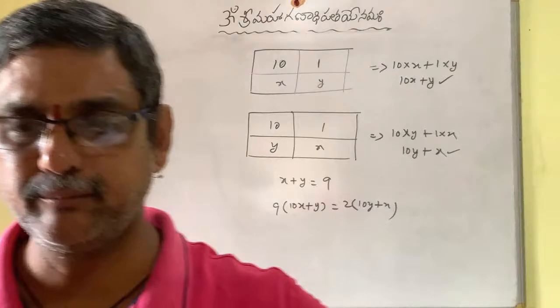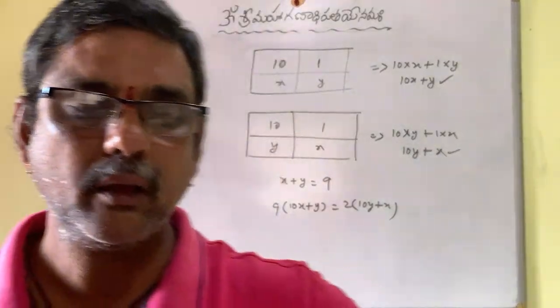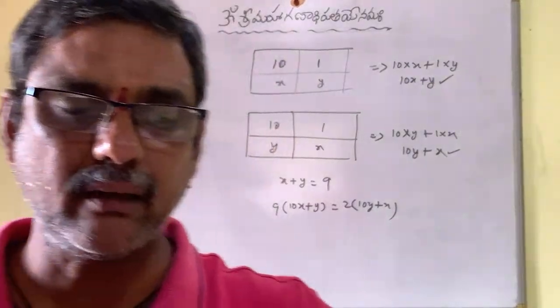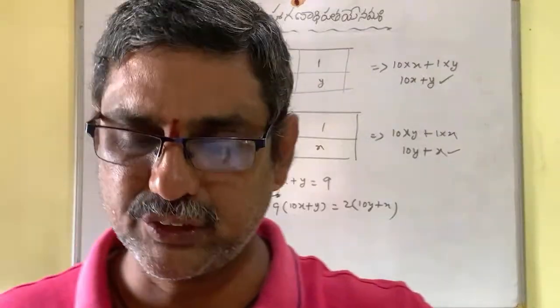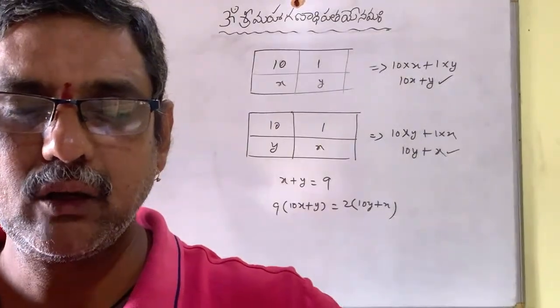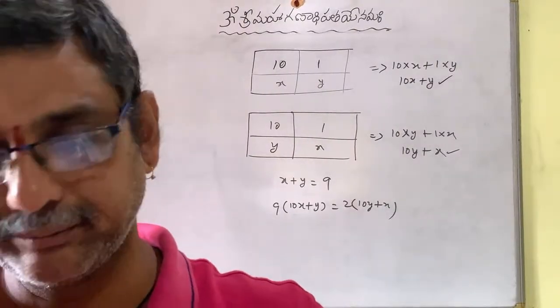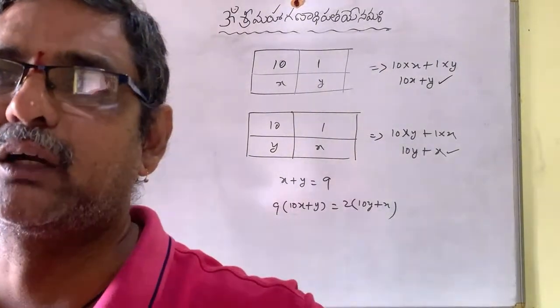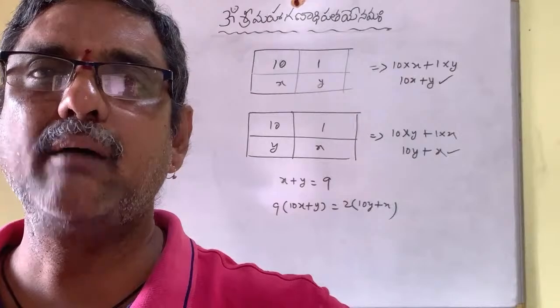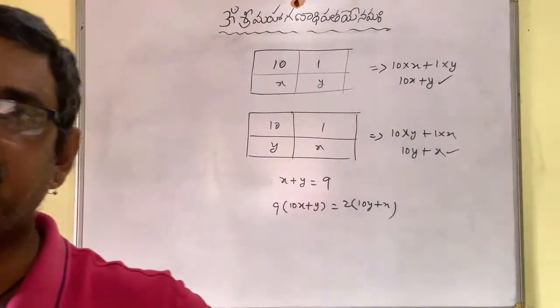Okay, next question. Meena went to a bank to withdraw 2000 rupees. She asked the cashier to give her 50 rupee and 100 rupee notes only. She is asking for all the 2000 rupees in terms of 50 rupee and 100 rupee notes. Children, understand that.